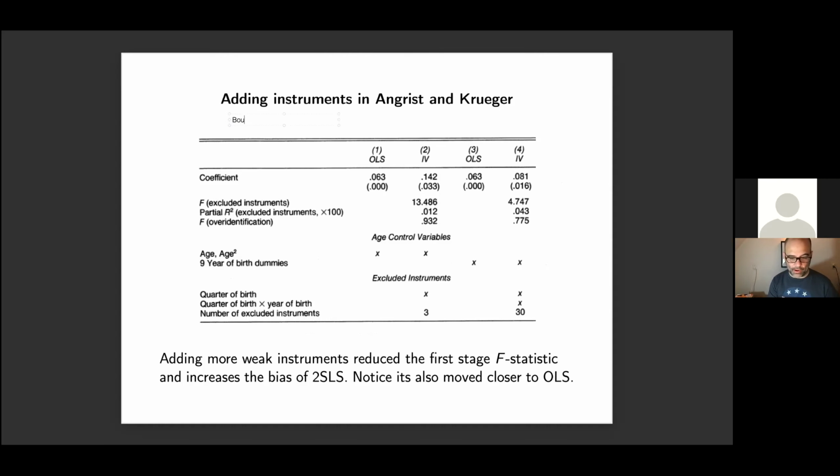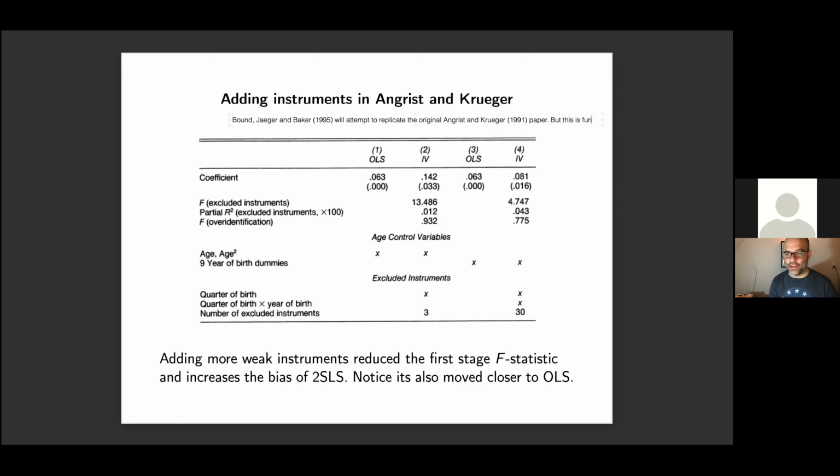Bound, Jaeger, and Baker 95 will attempt to replicate the original Angrist and Krueger 91 paper.